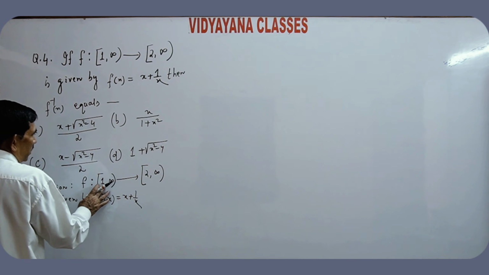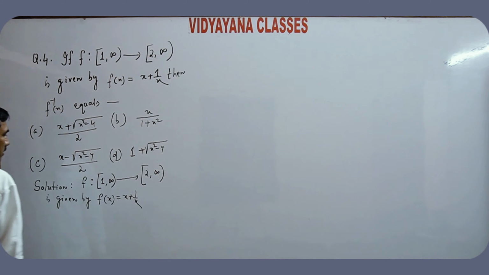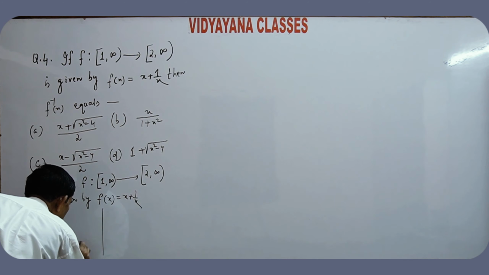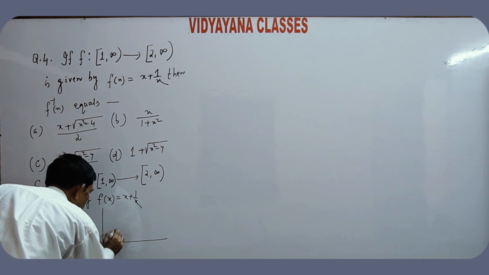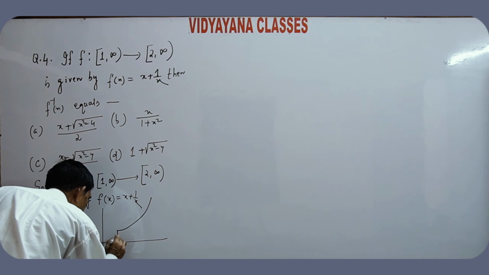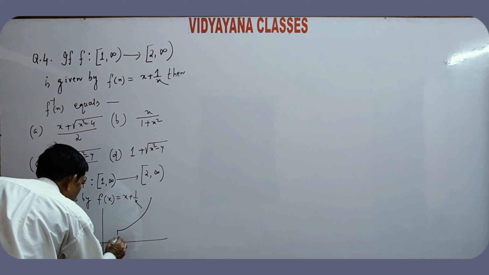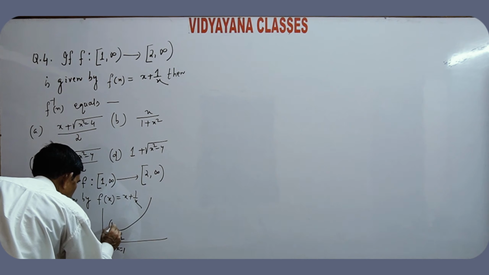When x is equal to 1, y is equal to 2. When x is infinity, y is infinity. So this point is (1, 2).